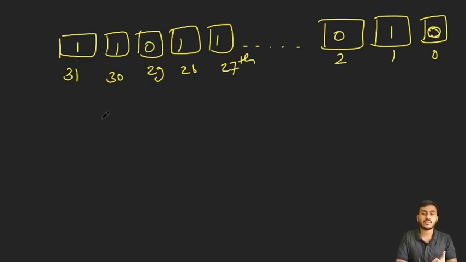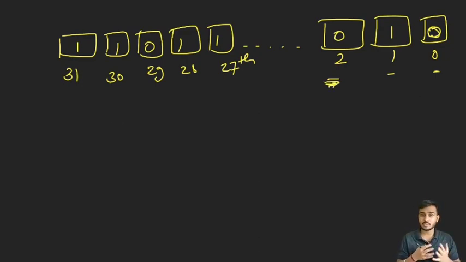If someone asks what is the value in the 2nd bit of a number, then we want the answer as 0. When I say 2nd bit, that means the position is 2. Actually it's the 3rd bit if we count from here, but when I'm saying 2nd bit, I mean the position, because the position starts from 0. If someone asks you the value at the 31st position, it is going to be 1.